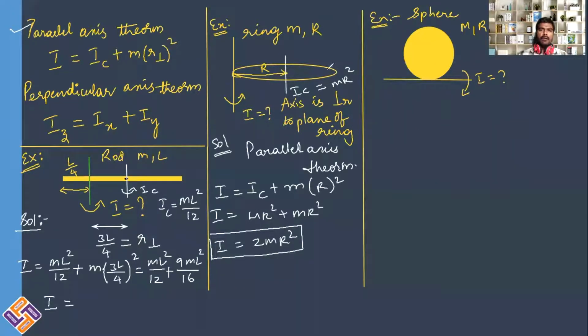Now coming to another example, we have a sphere. This is a sphere, it's not a disk. What is the moment of inertia with respect to the sphere? The moment of inertia of the solid sphere with respect to the axis about the center is 2 by 5 MR square.